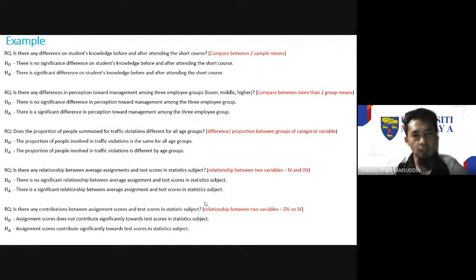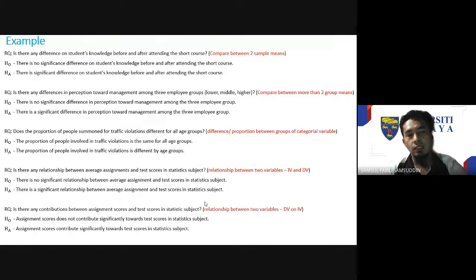And these are all other examples based on research questions. You state or construct the hypothesis, whether null hypothesis or alternative hypothesis.